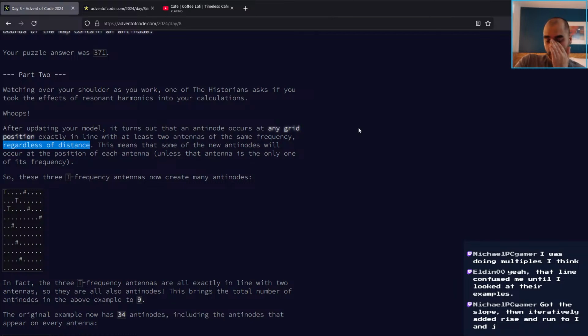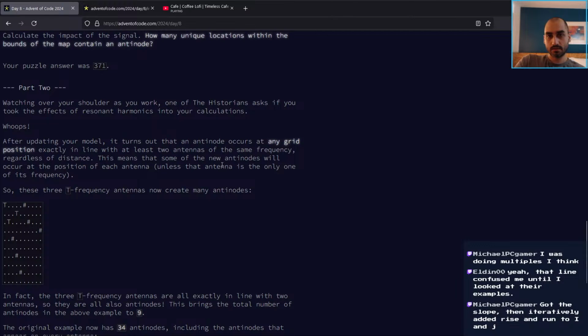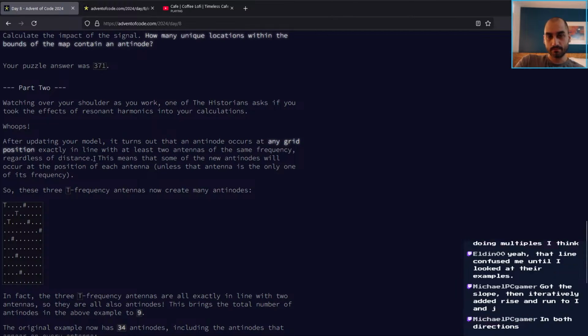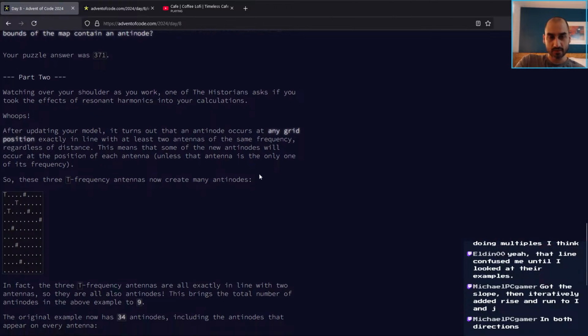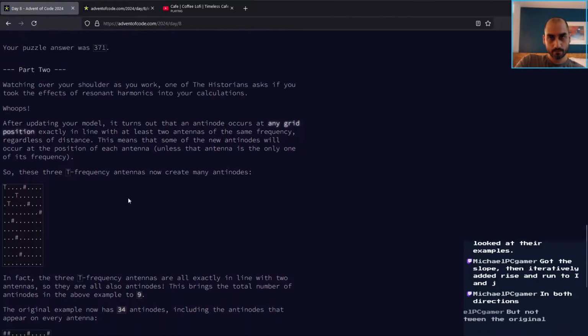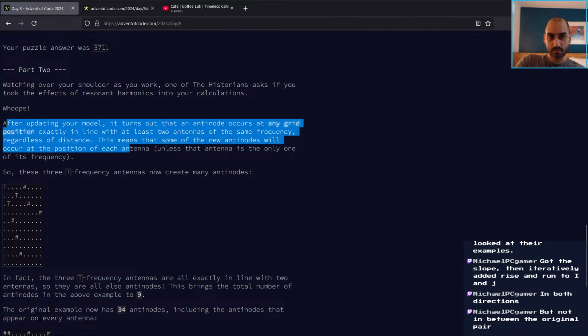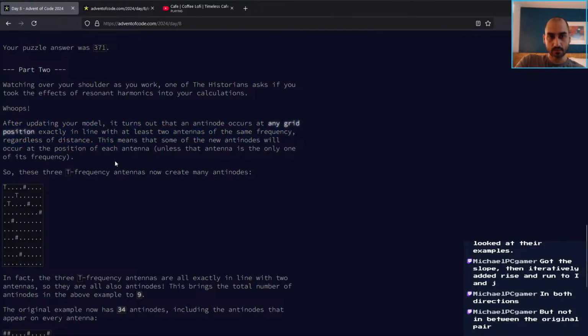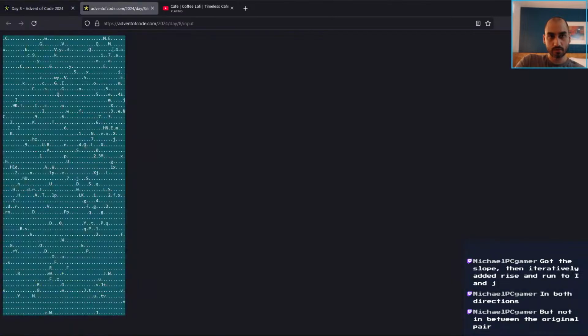I guess because there were no antinodes between them, that already proves that the vector actually doesn't break down, so maybe my GCD was superfluous, but I would argue the way I wrote it with the GCD still is correct according to their description. But nothing in the description says it has to be multiples of the distance, so... So yeah, I think it was just a very generous input.